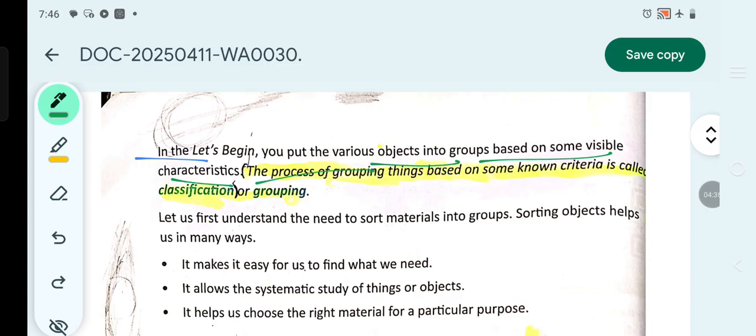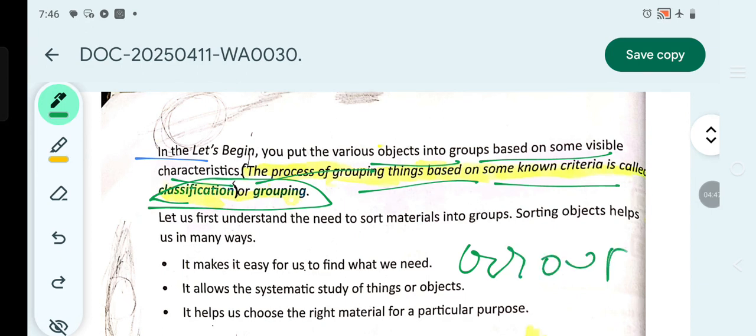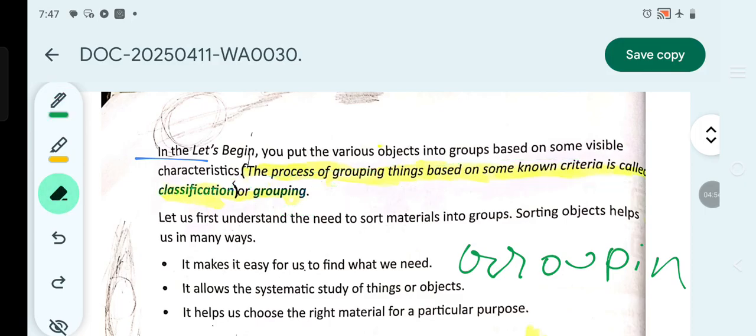The process of grouping these things based on some known criteria is called classification or grouping. See, what is grouping? As you can see over here, there is the word grouping written, and also its explanation. When you group or classify things into a group, it's called classification or sorting materials.